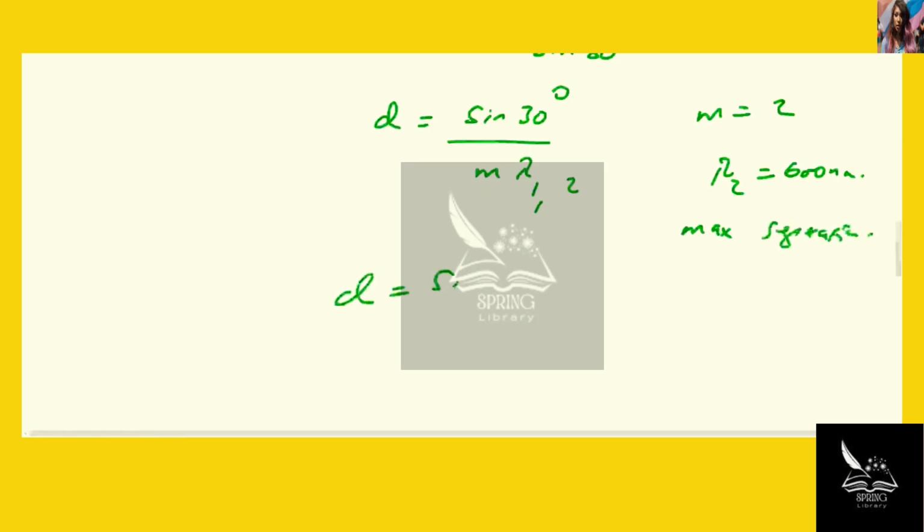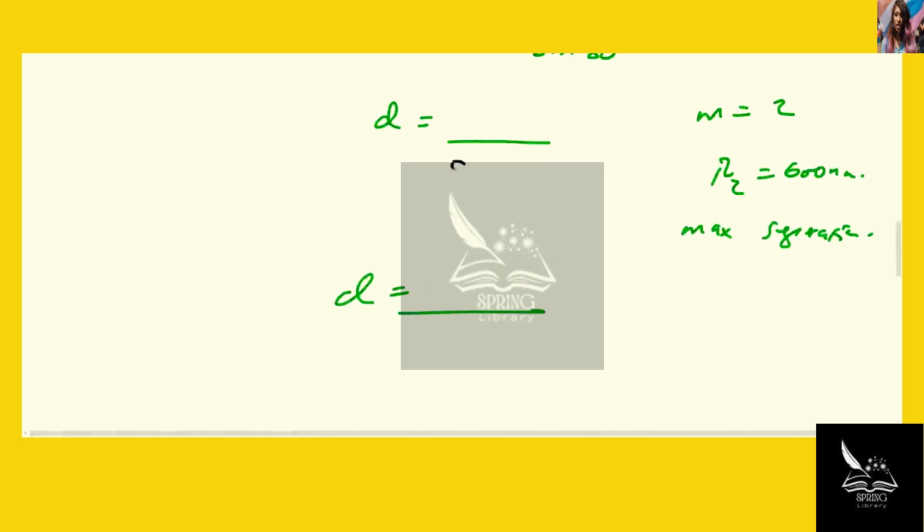So d is sine of 30, m is, well, this one we had it the other way around. So we had sine 30 in the denominator.